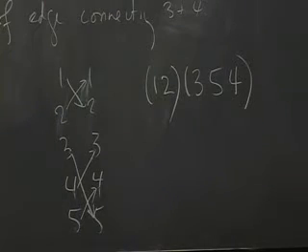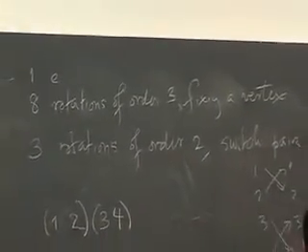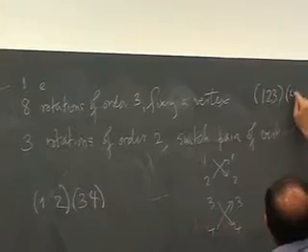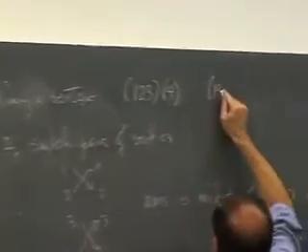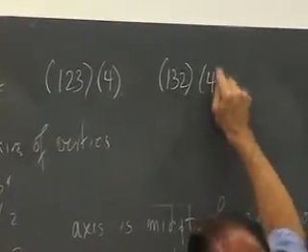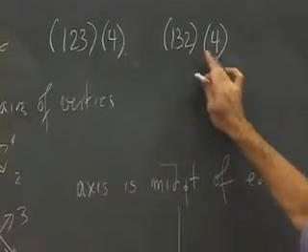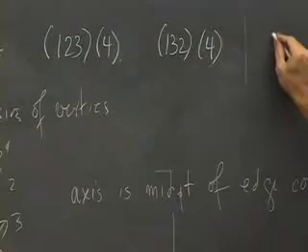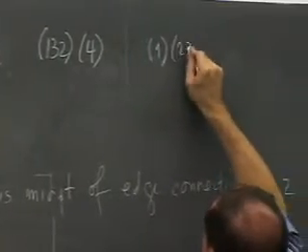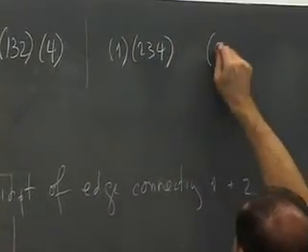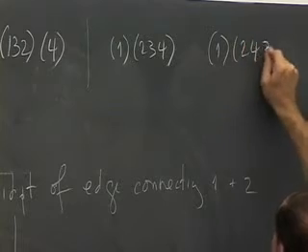So in particular, these rotations of order 3 look like this. 1, 2, 3, 4. 1, 3, 2, 4, because those are the 2 rotations that fix the element 4. And then I'd have things like 1, 2, 3, 4, and 1, 2, 4, 3.